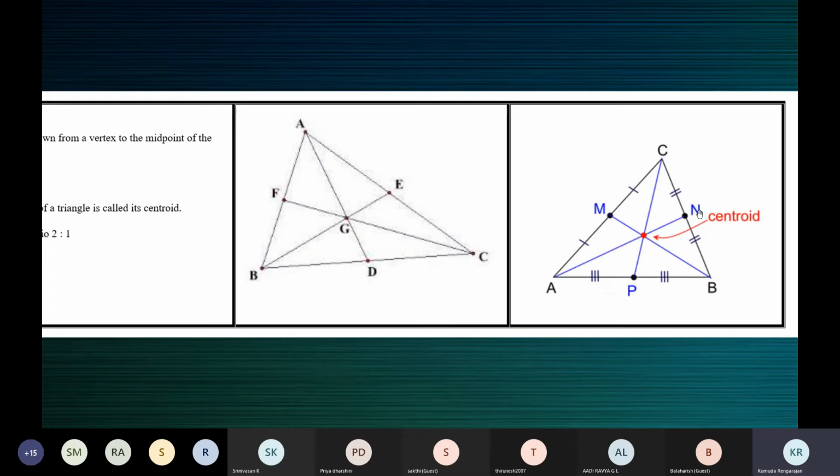The coordinates of N will be x1 plus x2 by 2, comma, y1 plus y2 by 2. Is that clear, children? Yes, ma'am. All right. So we are not talking about the length of the line segment. We're talking about the address of the point, the x coordinate and the y coordinate of P, N, and M.